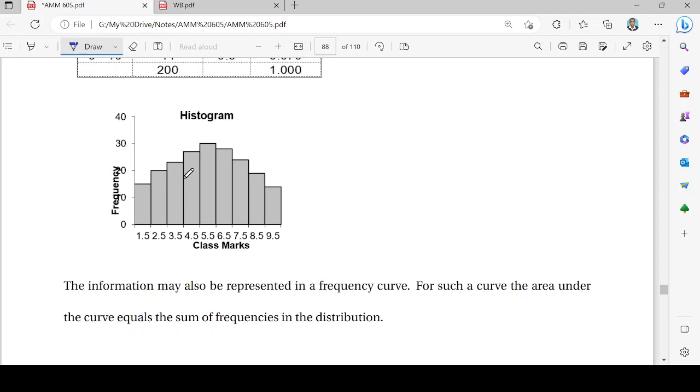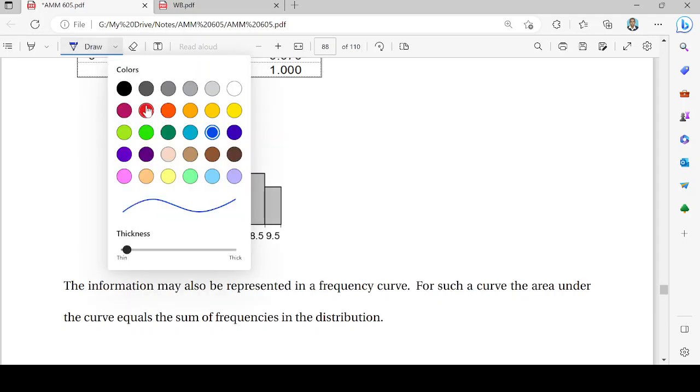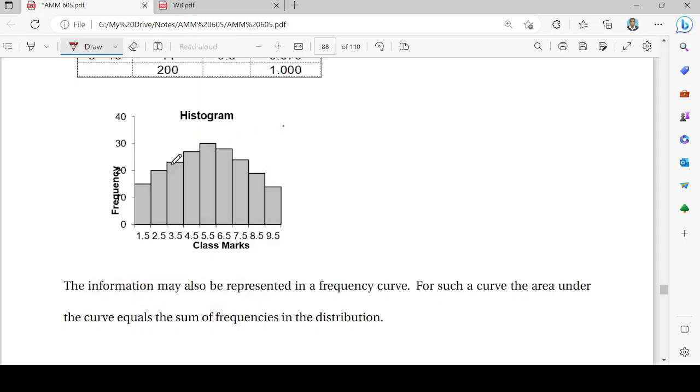Now we can take the midpoint of the tops of the bars here and join them with a smooth curve.